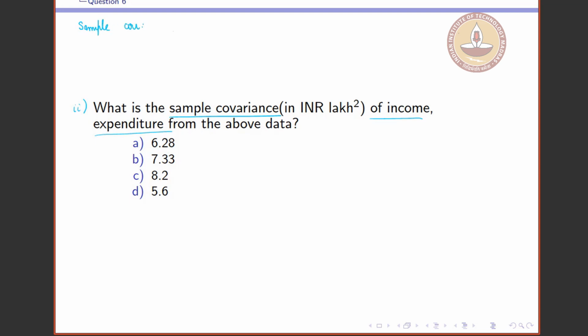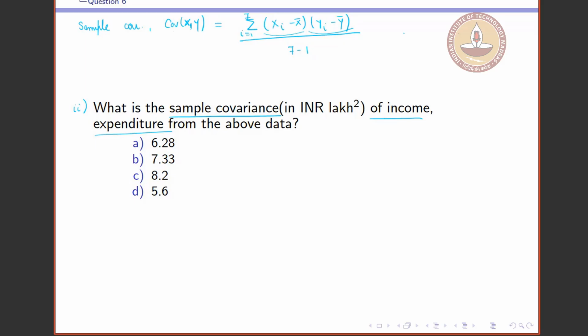It's denoted by covariance of xy, where x denotes the income of relatives of Ajay and y denotes the expenditure of relatives of Ajay. That is equal to the sum over xi minus x bar into yi minus y bar, divided by 7 minus 1, where i is varying from 1 to 7.